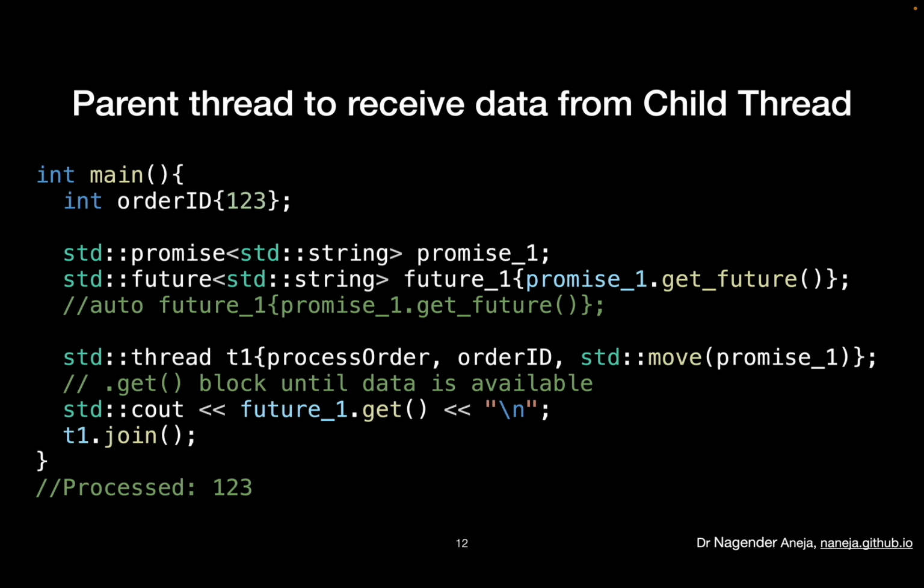It will not join or will not do the task until this get returns the data. Means that until the data is actually set by the thread and is returned using the get. So once it's there, dot get will give us the processed order ID, because this order ID is currently 123 that we have sent. So it will display standard cout. It will say processed 123.